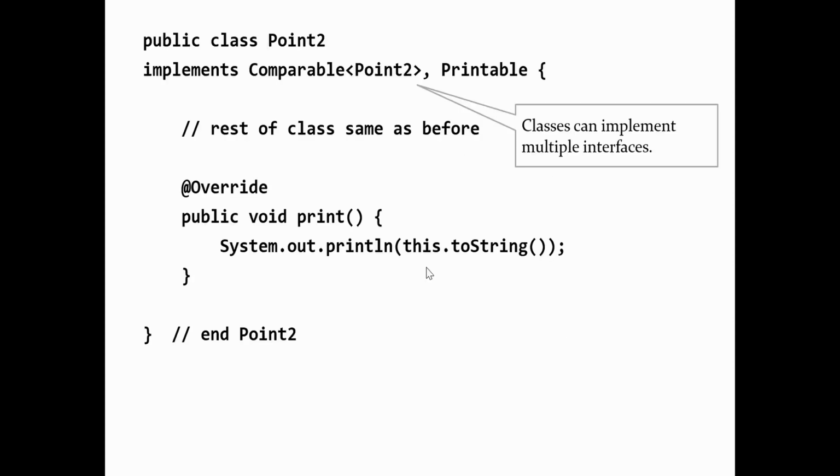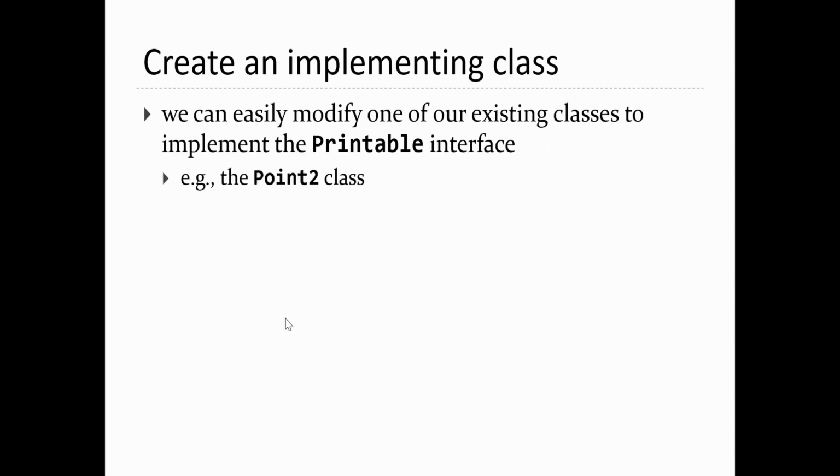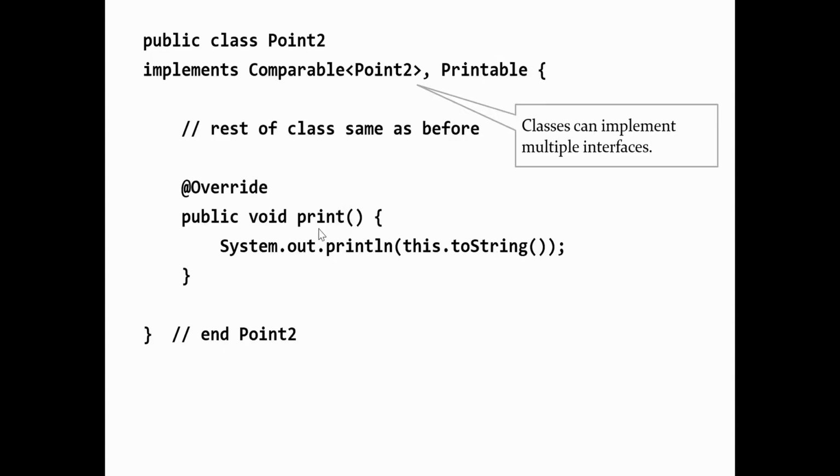Now someone can make a list of printable objects, because an interface is just a type. The printable name defines a type. They can add any object to that list that implements the interface. So they can add a bunch of points and then print the points just by looping over the list and calling the print method on each object in the list.